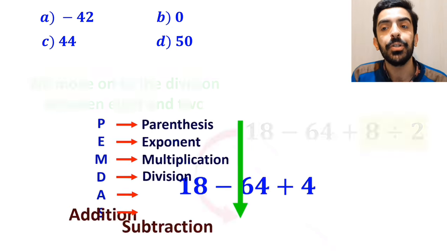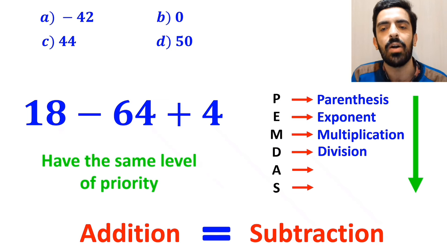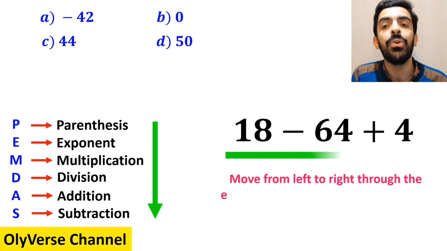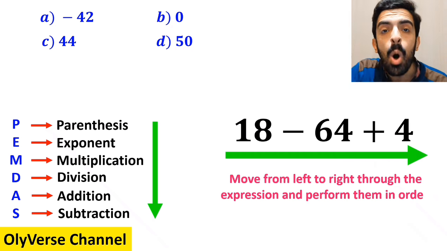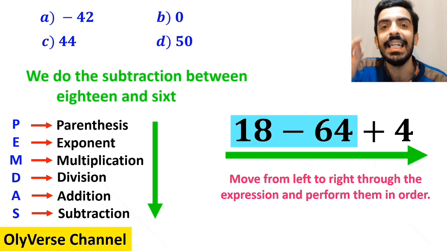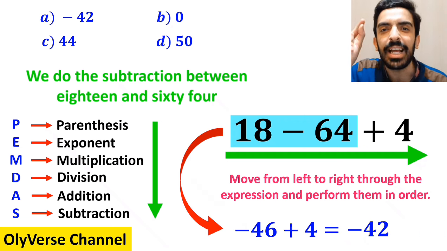Once again, we should remember that addition and subtraction also have the same level of priority. And the best thing to do here is to move from left to right through the expression and perform them in order. So, first we do the subtraction between 18 and 64, which simplifies this expression to negative 46 plus 4. And finally, the value of this expression is equal to negative 42.